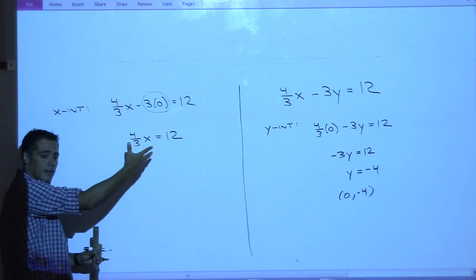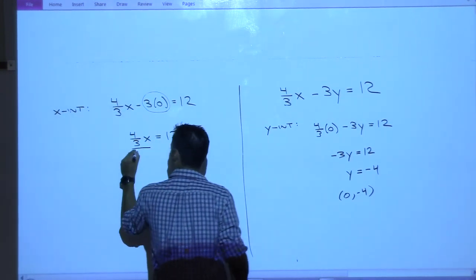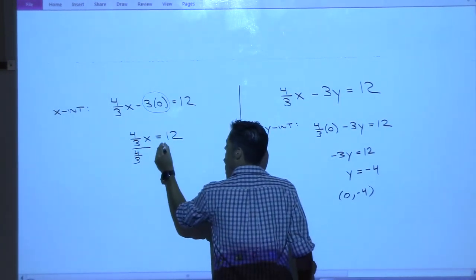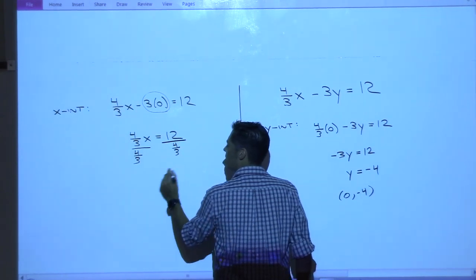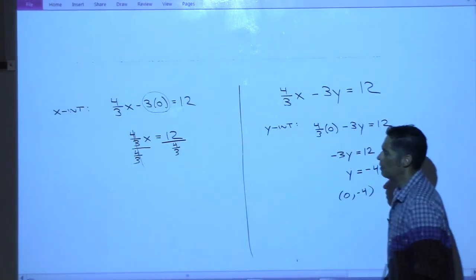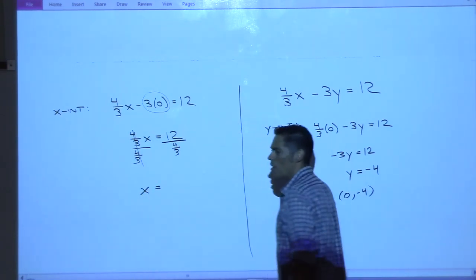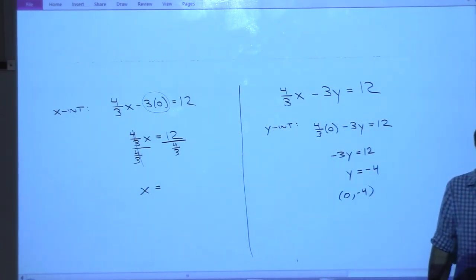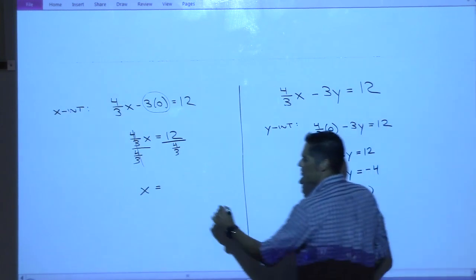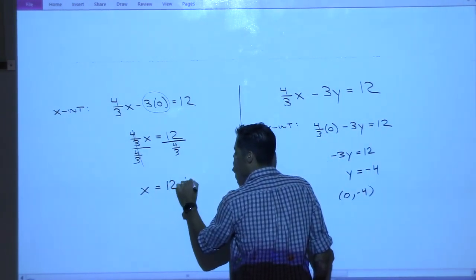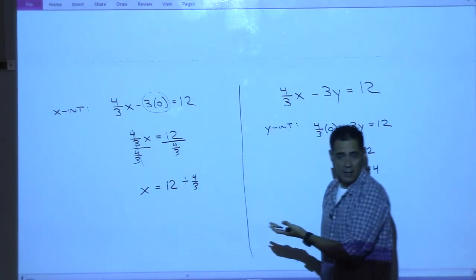So let's do that. Let's put 4/3 over here, and then we're going to take this and divide by 4/3, and it's going to go away. The question is, on the right side, 12 divided by 4/3, how do we get that? Let's write it this way: 12 divided by 4/3.